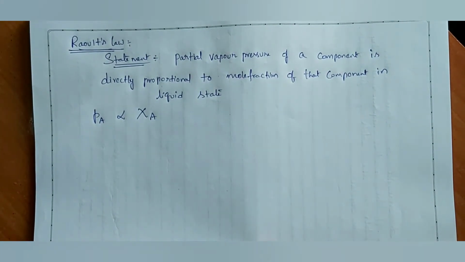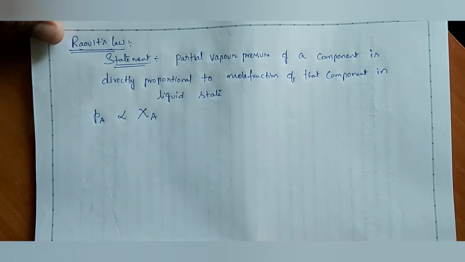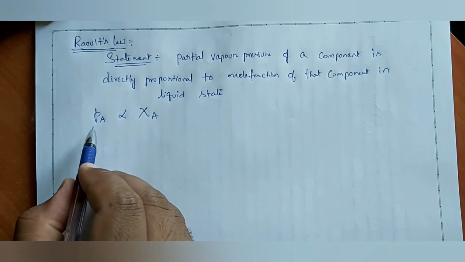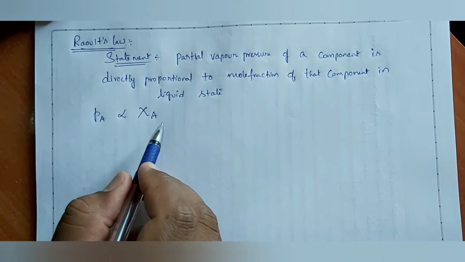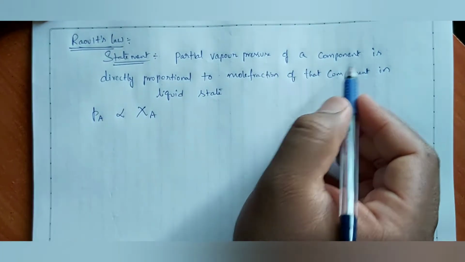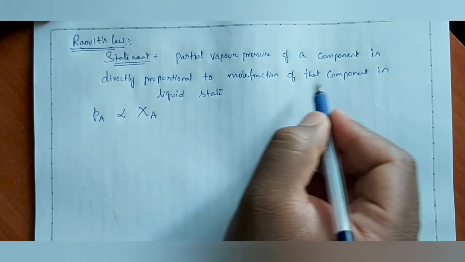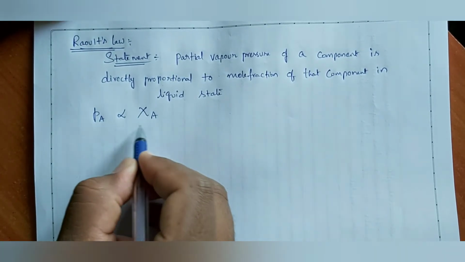After that I will go through the explanation of how this partial vapor pressure is directly proportional to mole fraction. Partial vapor pressure of a component is directly proportional to mole fraction of that component in liquid state. Its mole fraction in liquid state is chi A.